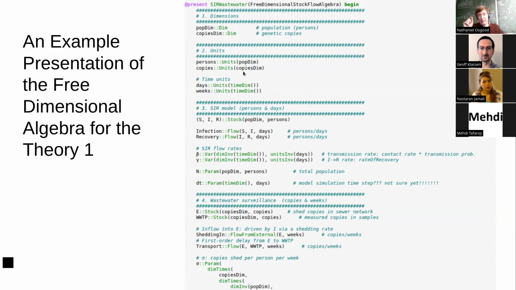Think about that. That's not trivial, what I just said. This is a type, units of pop dim, but it's a type. Which type it is depends on this value itself of type dim. So this is going to carry some value, and this type is going to be dependent on the value. It's what we call a dependent type.